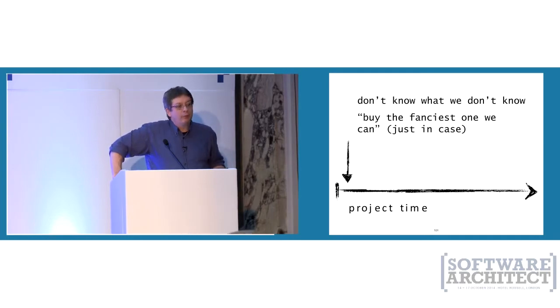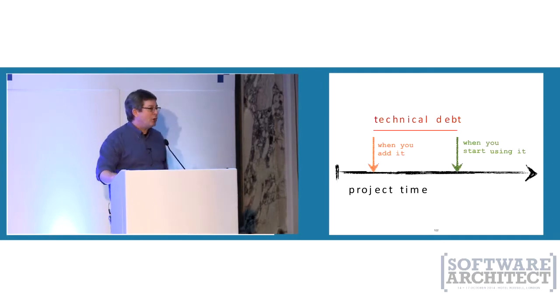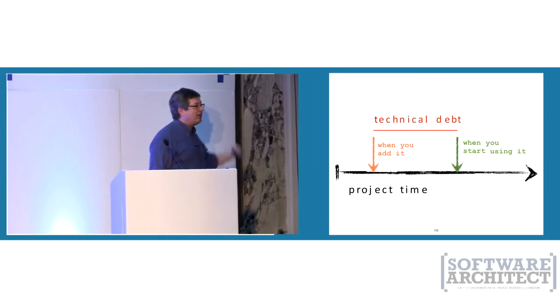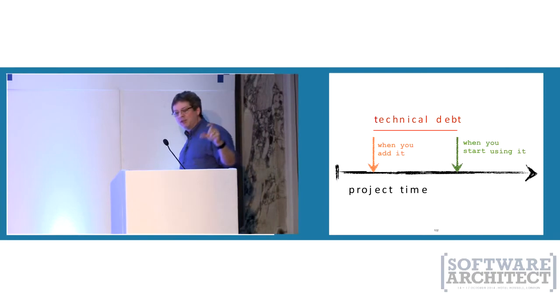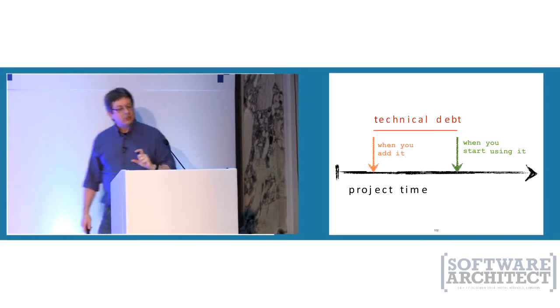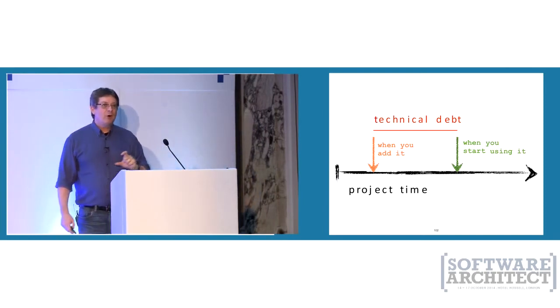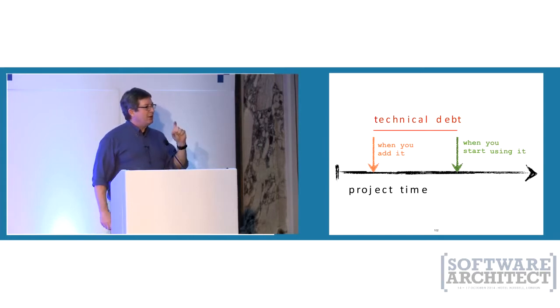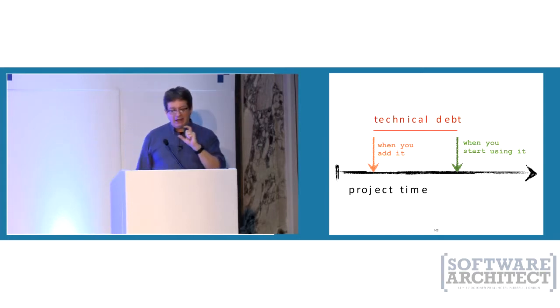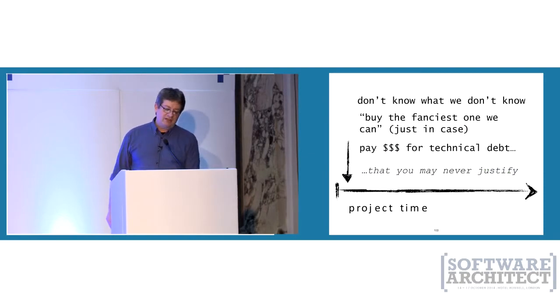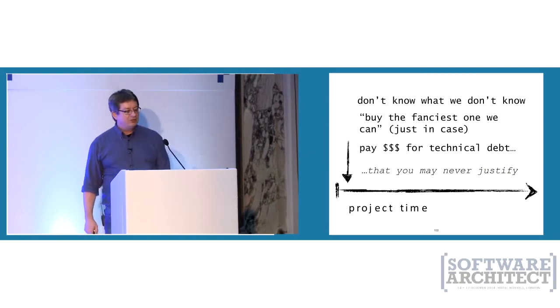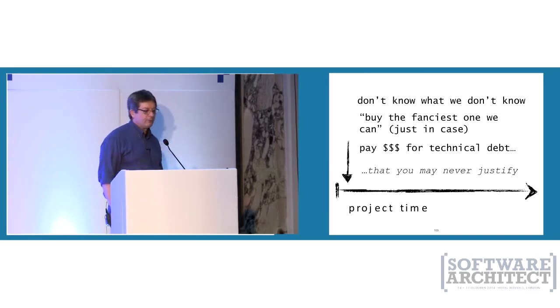But this is a terrible idea because you start paying technical debt for all those capabilities the day you add it to your code base and don't start reaping the benefits of those extra capabilities until you start using them. And if you've bought the most fanciest, best, specialist, most elaborate kind of framework in the world and you never end up using some of those features, you're basically paying money for technical debt that you never actually justify.